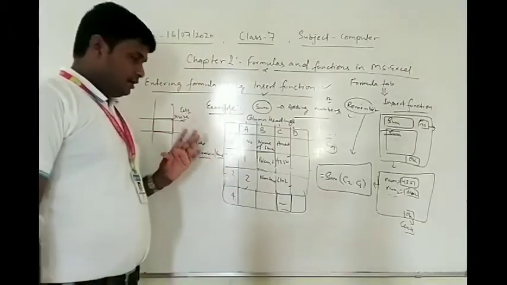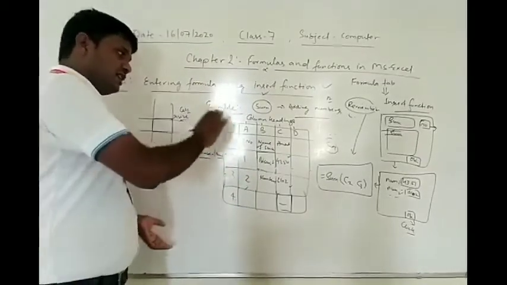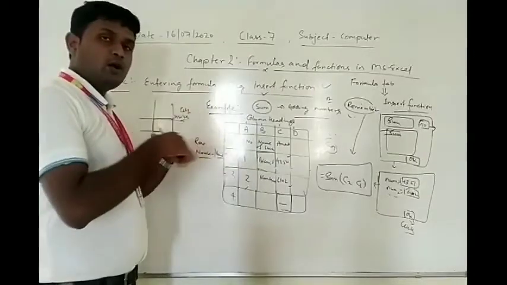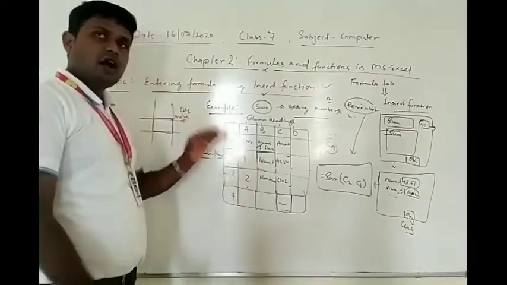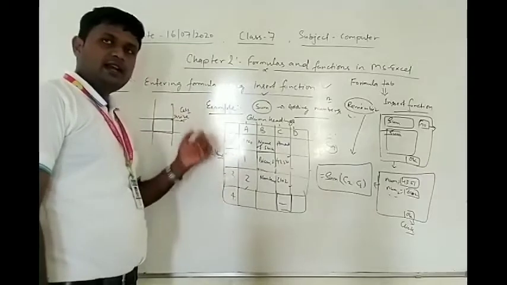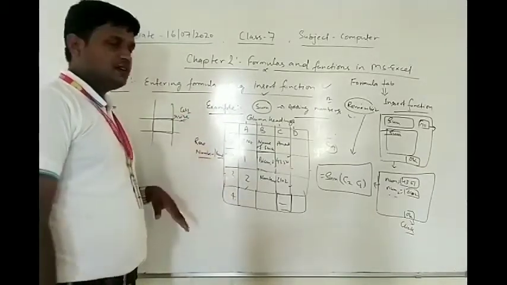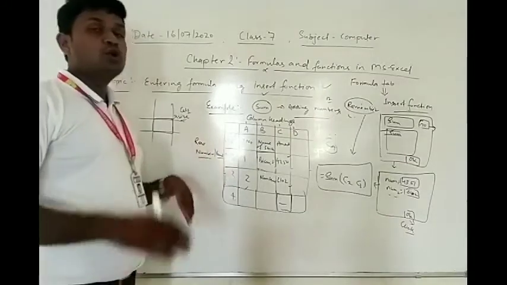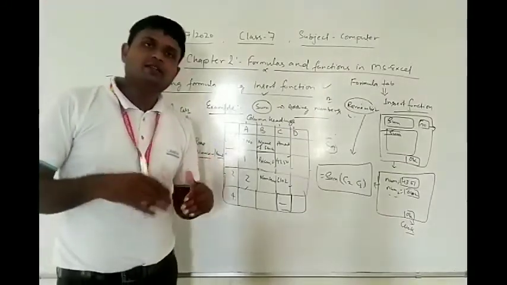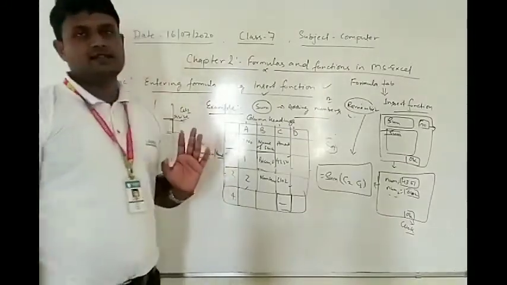Students, firstly you should be clear about what Excel is and how you work in Excel, and after that, when you complete these things, then you go and try a complete worksheet in MS Excel.